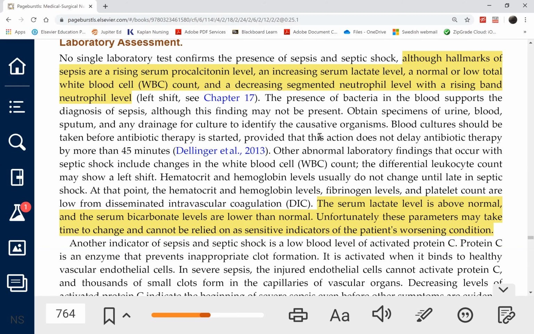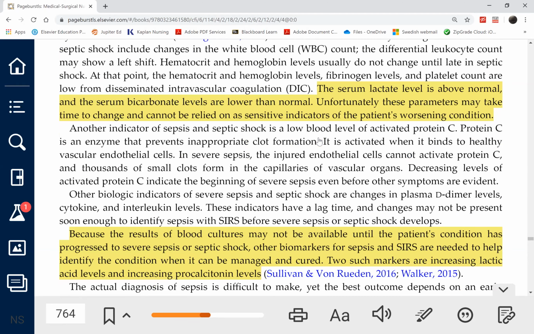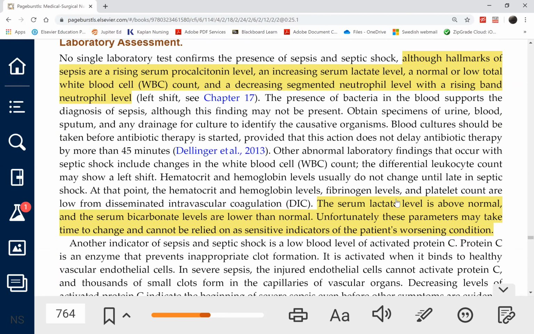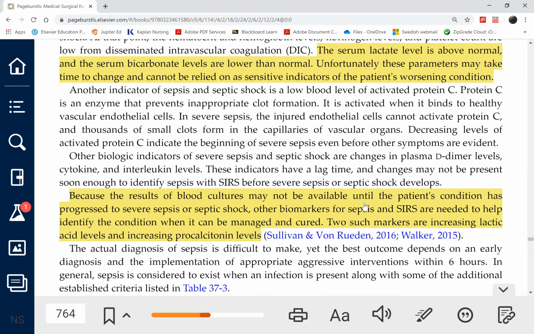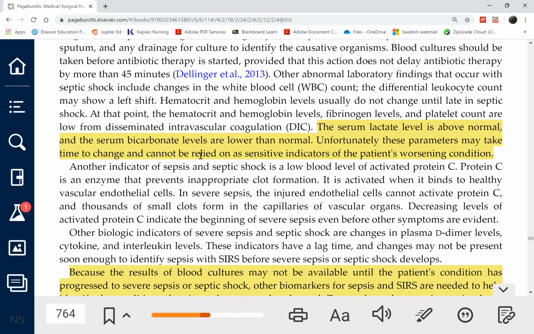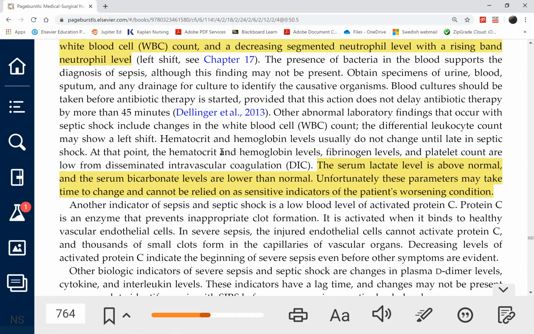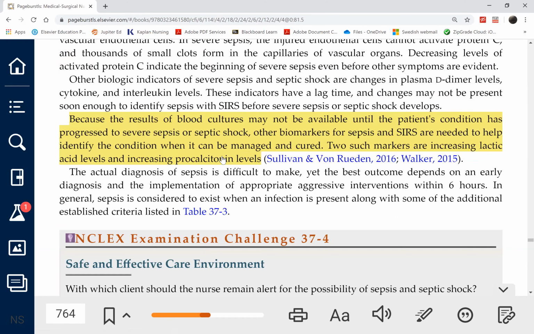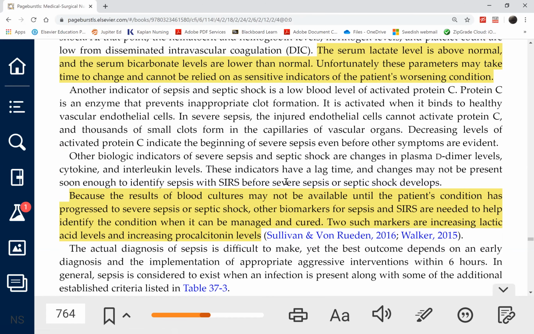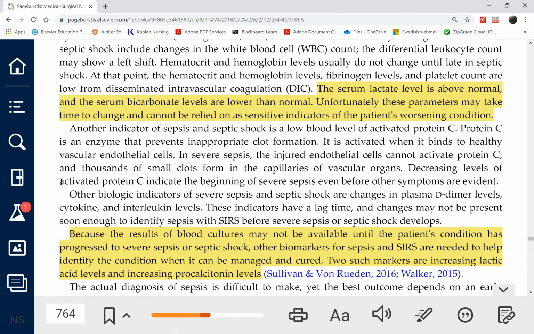So you have other parameters here. Instead of relying solely on serum lactate, which again takes some time to change, you would look at other parameters, namely procalcitonin levels, which are also mentioned here. And another one is activated protein C. Oh, right here.